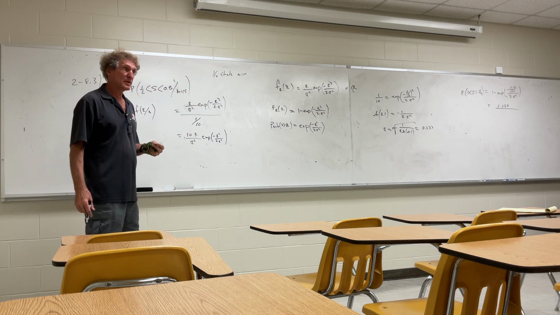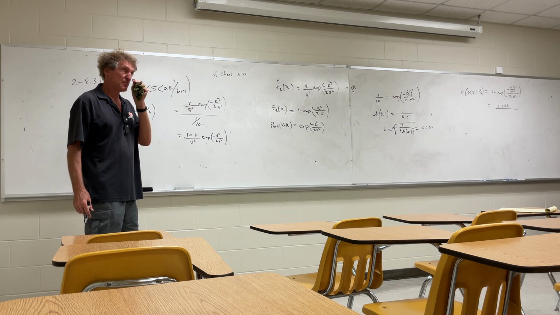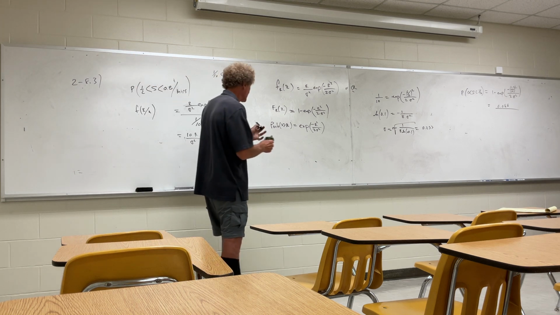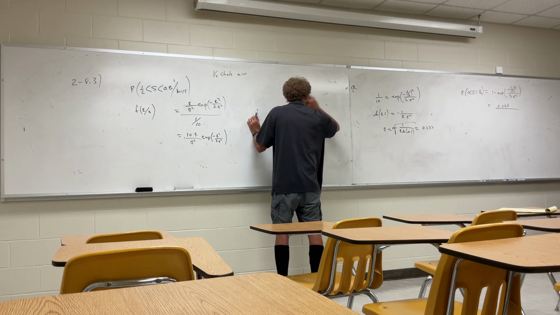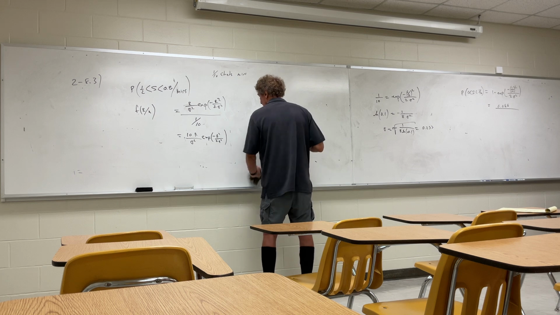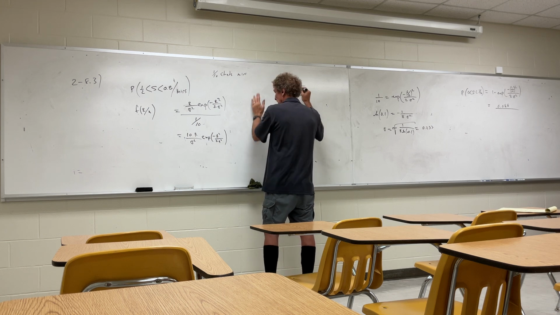Now he wants the probability that the strike is between 0.5 and 0.8 meters. And that's where we come over here to do this. Since we have the probability density function right here, we can say that the probability that the strike is greater than 0.5 and less than 0.8 is going to be that density function.